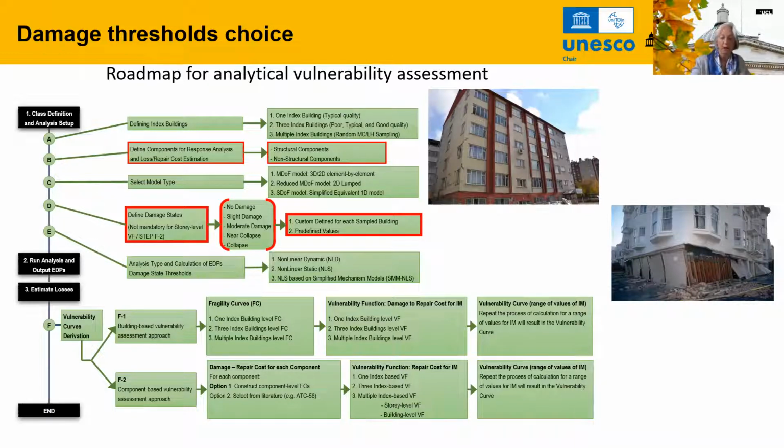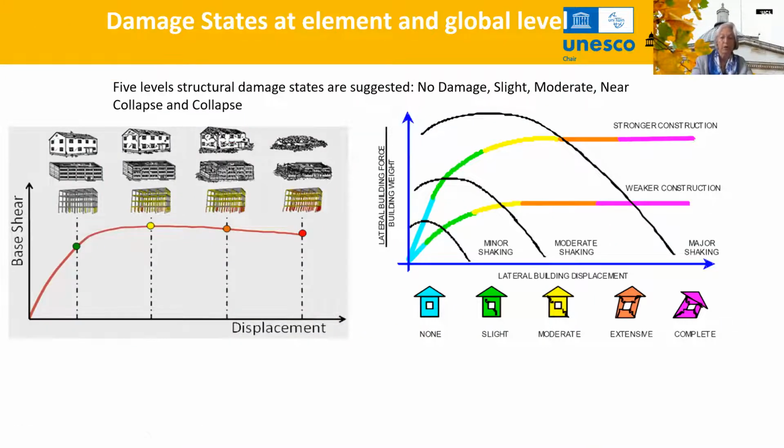So we need to have quite clear damage structures in order to understand, once we apply the loads or the seismic action, what is the performance of the building. In order to do that, we can refer to various guidelines, both nationally and internationally available.